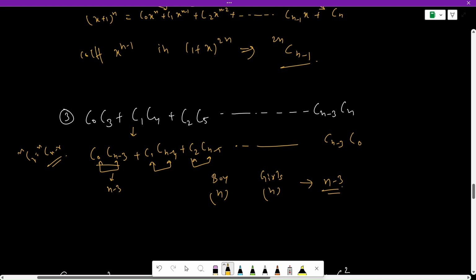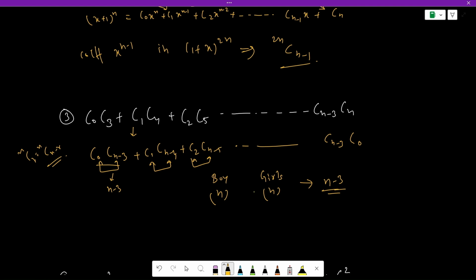Now to form a team of n minus 3 students using n boys and n girls, how many ways are there? So there are 2n c n minus 3 ways, choosing n minus 3 students from the total 2n students, as there is no restriction on what the composition of the team will be, right?